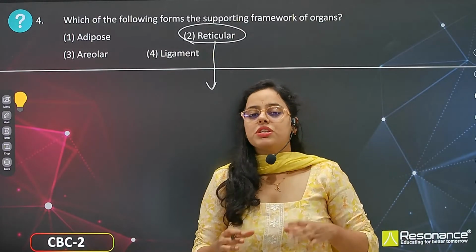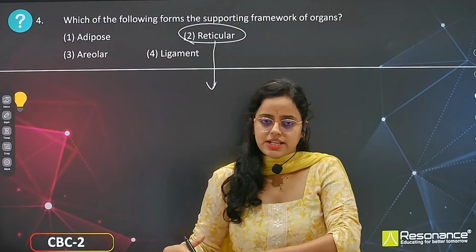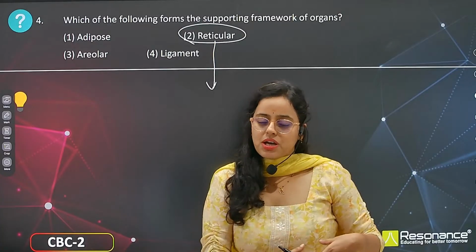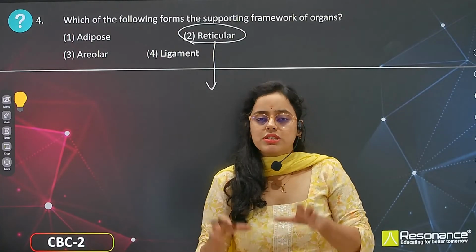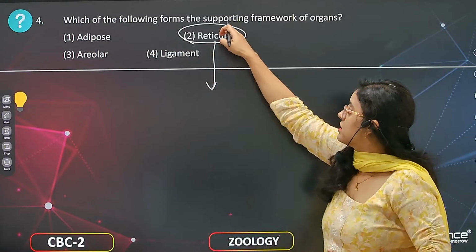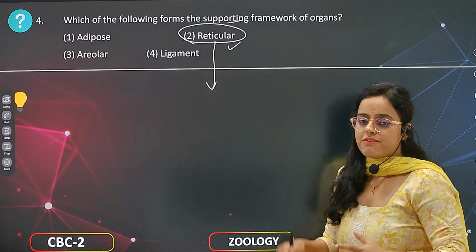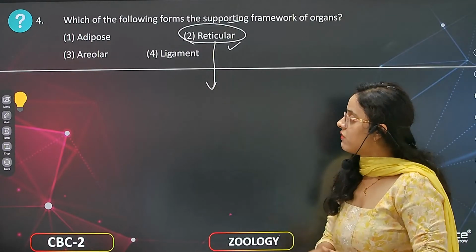If the position of the stomach is on the left side, the stomach doesn't come to the right side. It cannot move from one place to another. The organs cannot move. Why? Because they are present in their own position because of a certain supporting framework, which is reticular. They are well packed and well placed because of the reticular structure.